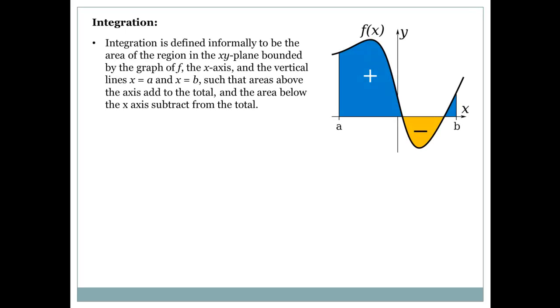On the other hand, integration is defined informally to be the area of the region in the xy plane bounded by the graph of f, the x-axis, and the vertical lines x equals a and x equals b, as shown in the graph, such that the areas above the axis add to the total and the areas below subtract from the total.